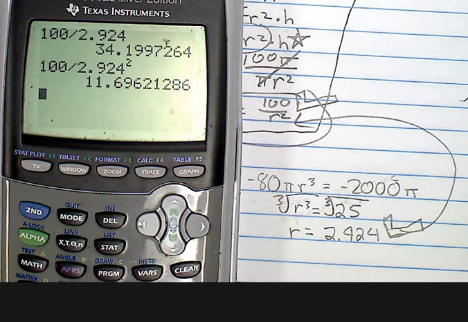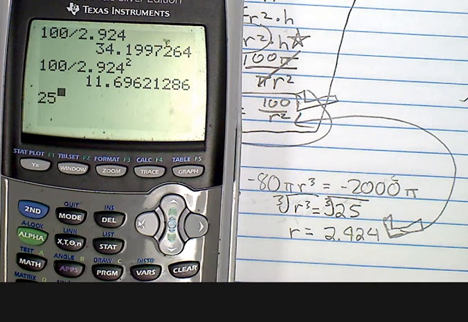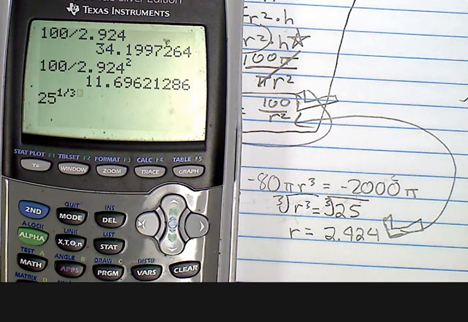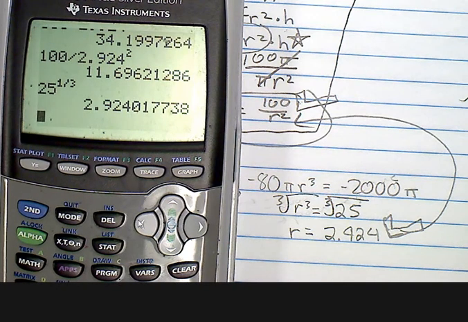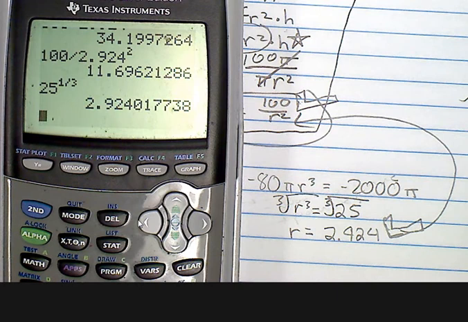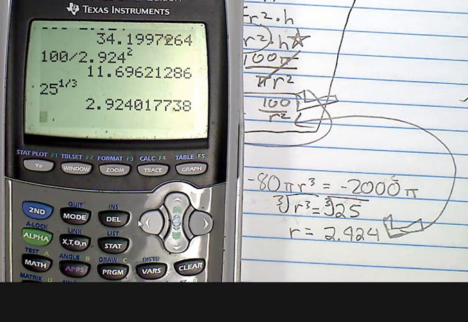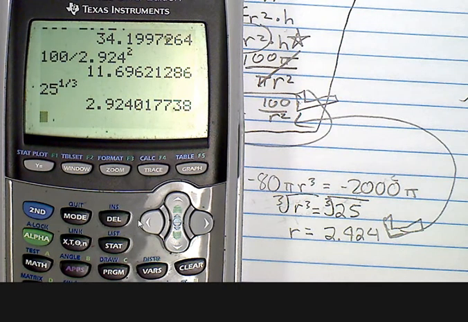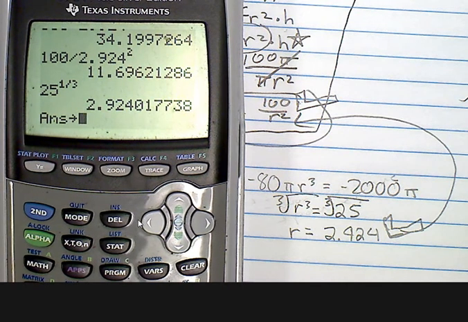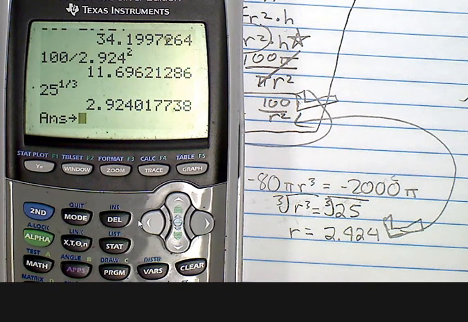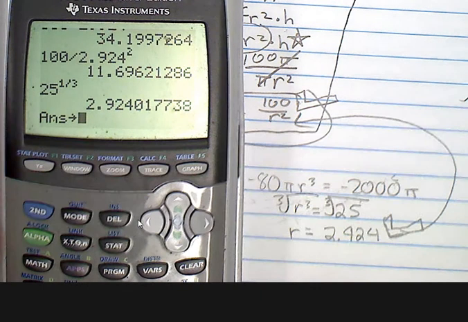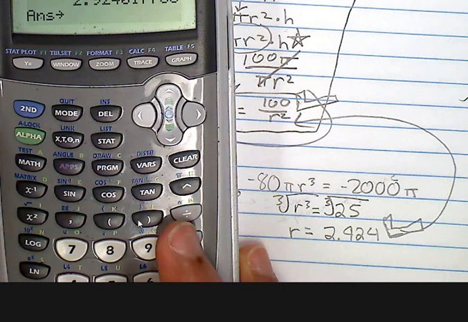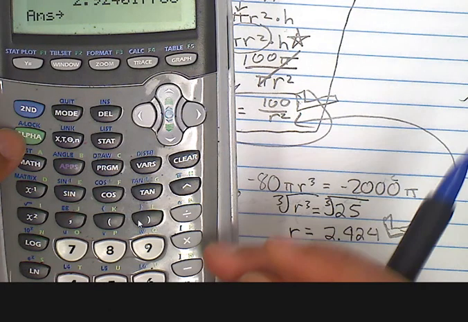So let's do this. Let's put the third root of 25: 25 caret 1 divided by 3. 2.92, that's the third root of 25. Let's store it. Hit the STO key, and we're going to store it as R because it is R. So hit alpha, and your R should be your multiplication sign.